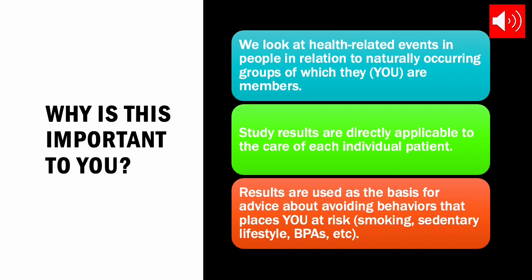Well, we look at healthcare related events in people in relation to naturally occurring groups of which they, meaning you, are members. So you are included in our studies, in our observations of what diseases are occurring in populations.